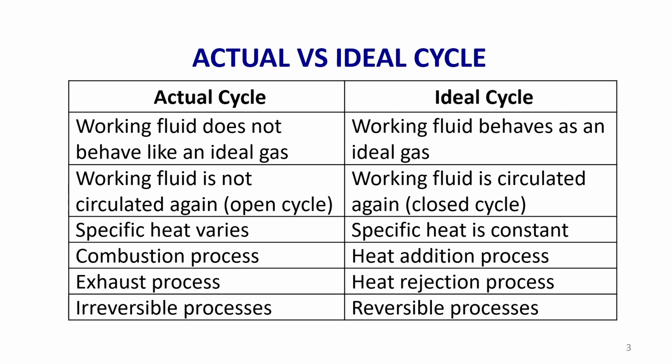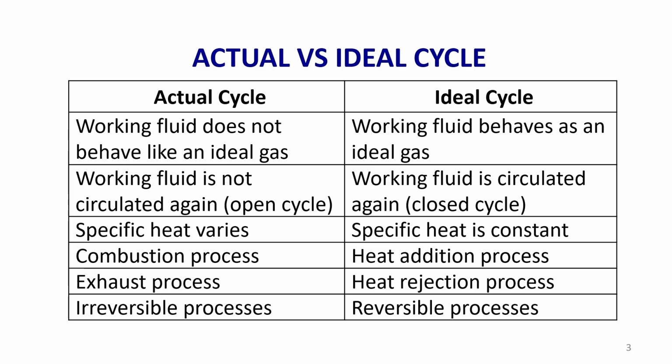Point number 3, in the actual cycle the specific heat varies because the working fluid does not behave like an ideal gas, whereas in the ideal air standard cycle, specific heat is constant. Fourth, in the actual cycle, the combustion process which takes place at the end of the compression stroke and before the beginning of the power stroke, that is ignition and combustion, is replaced by a heat addition process.